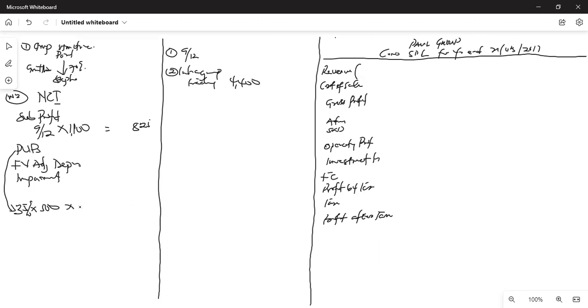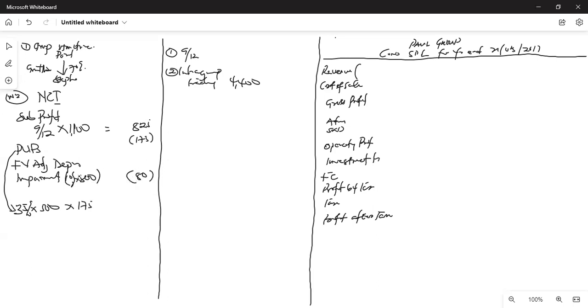What do you get? 175. Okay, so that is that. We are less than 175. Okay. Goodwill impairment, they said it was, if I saw it correctly, 10%, right? 10% of the goodwill, which was 800. How much is that? 80. Yeah, less.